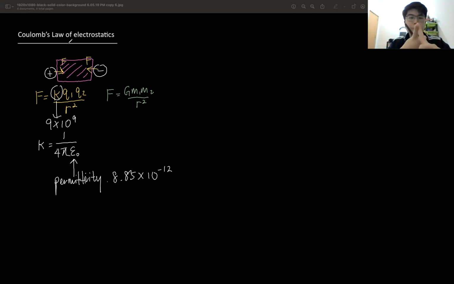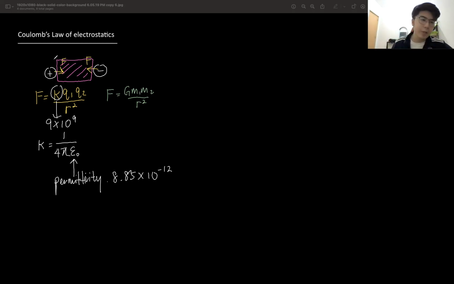Permittivity is also one of the characteristics of the medium. But what is it? Permittivity is a measure of whether the medium allows or does not allow the force to act. I repeat, you can think of permittivity as a characteristic of the medium, whether the medium allows or does not allow the force to act.